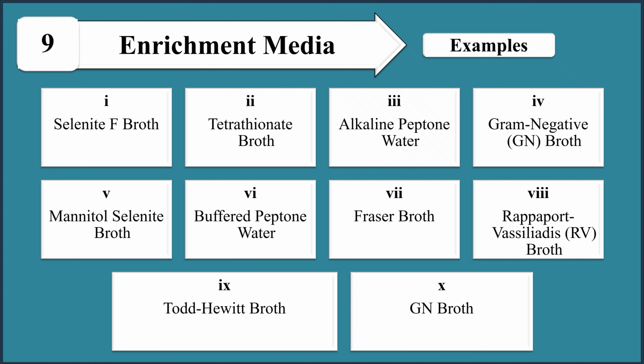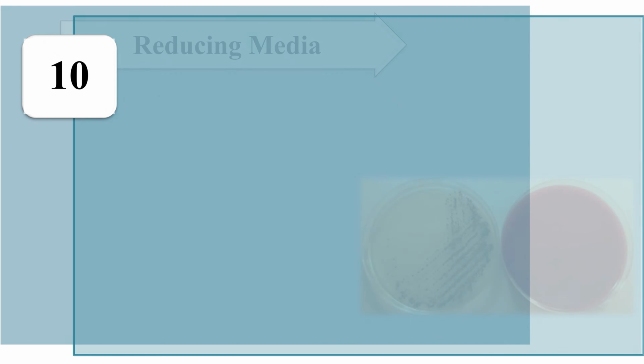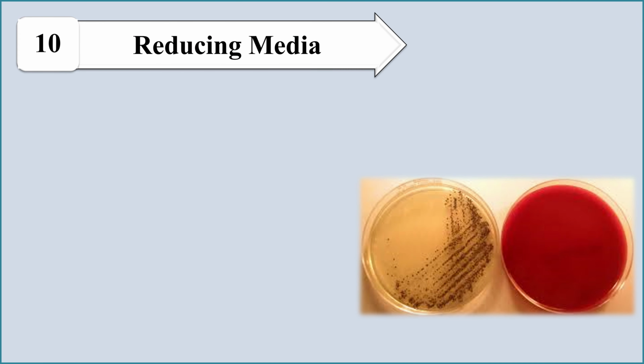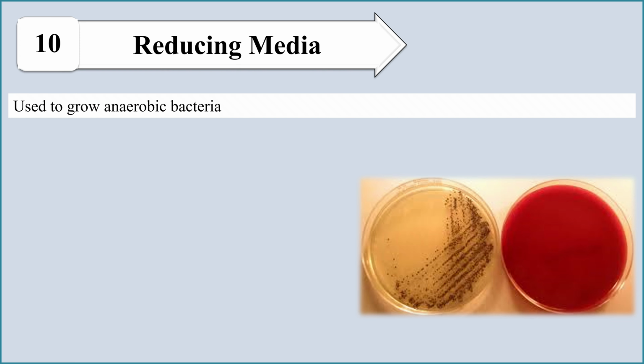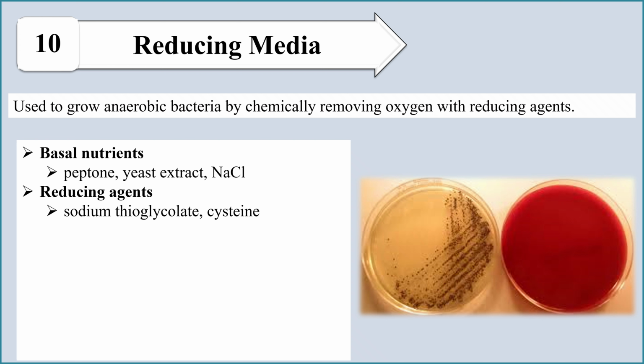What is reducing media? These media are also used for the growth of anaerobic bacteria by chemically removing oxygen with the help of reducing agents. So these media contain basal nutrients in the form of peptone or yeast extract and NaCl.